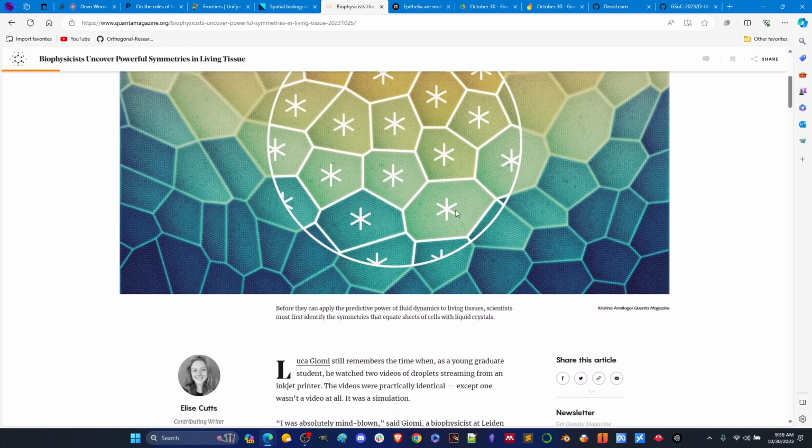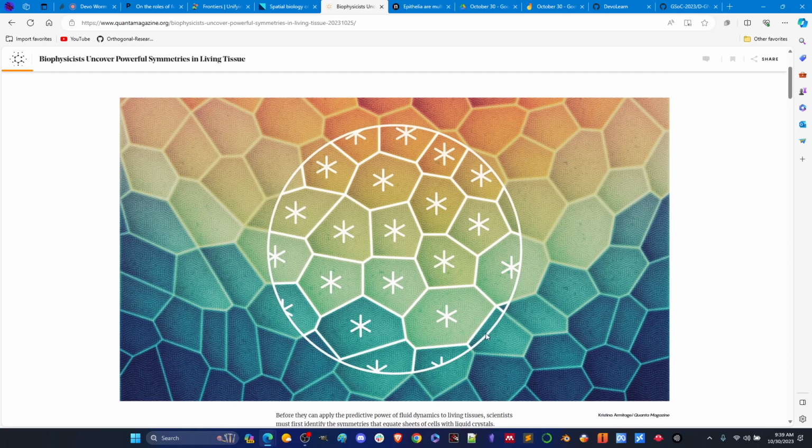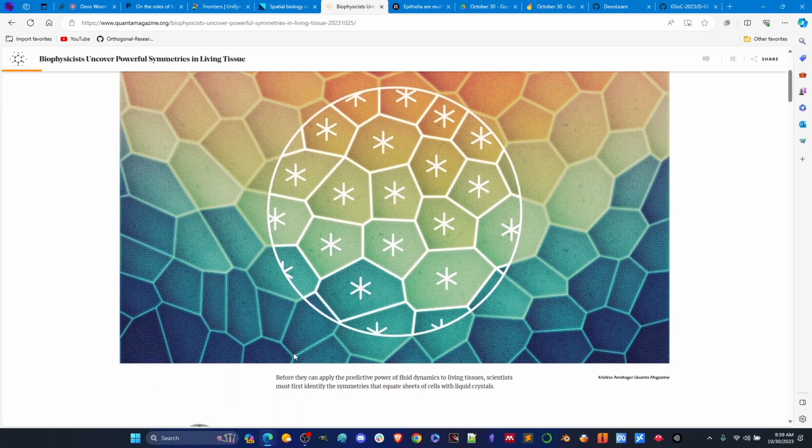So this is an image of a liquid crystal array in biology of cells, and this quote down here: before they can apply the predictive power of fluid dynamics to living tissues, scientists must first identify the symmetries that equate a sheet of cells with liquid crystals.